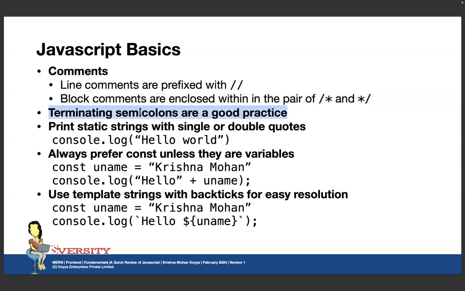Even though it is not compulsory in some places, terminating lines of code using semicolons is still considered a very good practice. For example, if you see this line, there is no semicolon, and it is still acceptable. But we suggest going with semicolon termination.